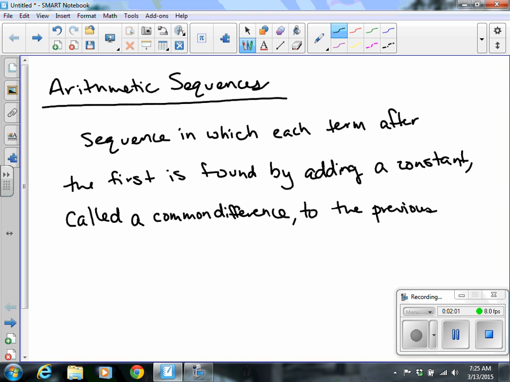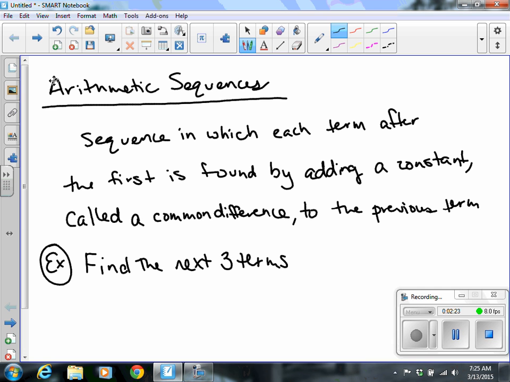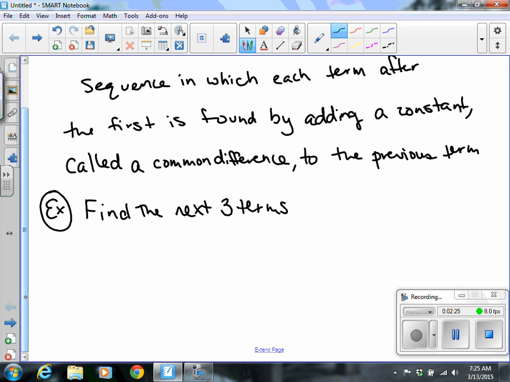Okay, this sounds kind of wordy, and we're not exactly sure what this means, so it's easier if I just show you an example. All right, they'll ask you to find the next so-and-so terms. So for instance, if I have 26, 21, and 16, find the next three terms.